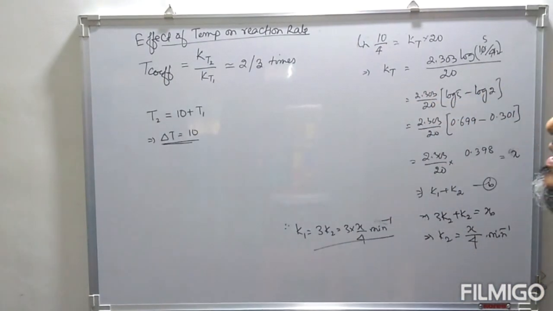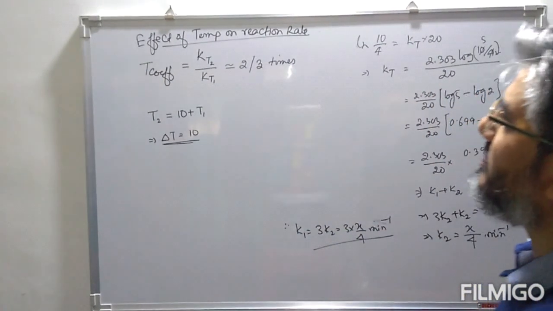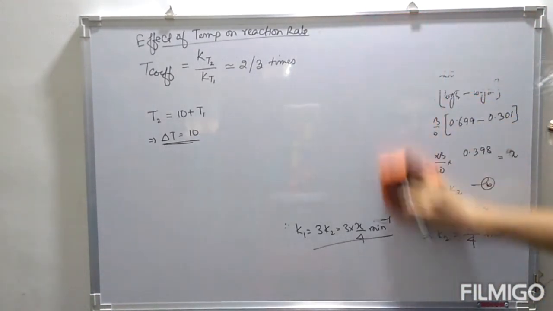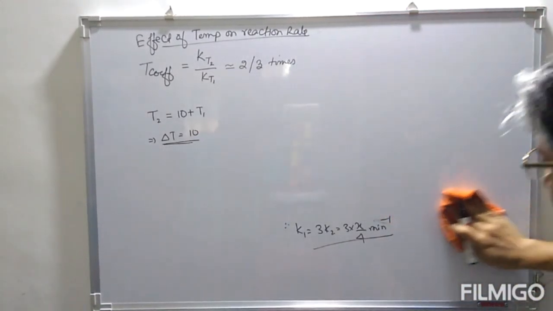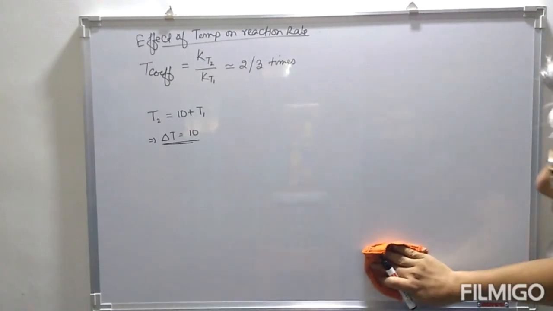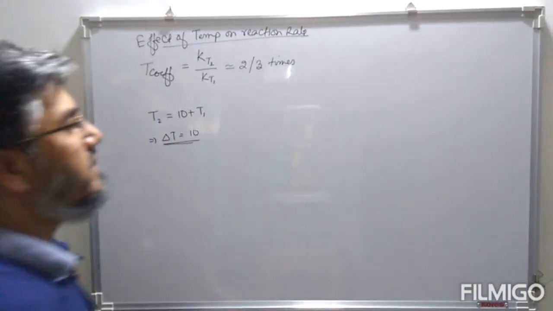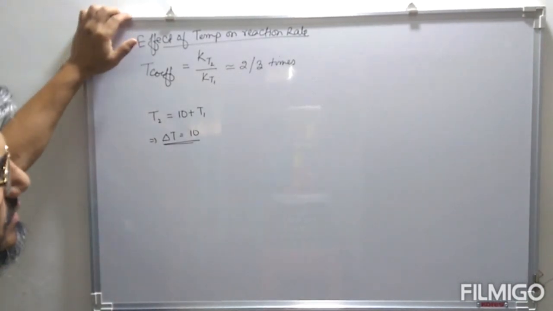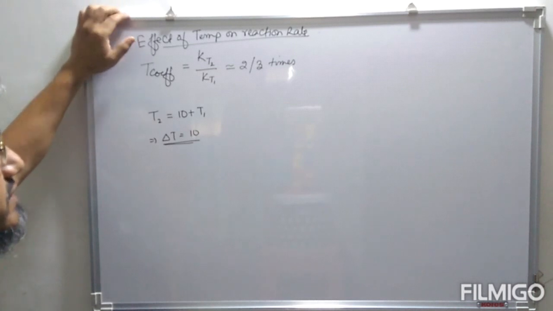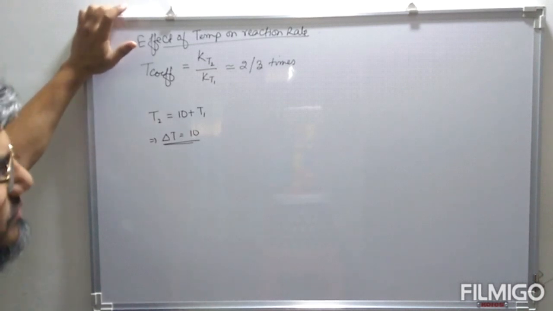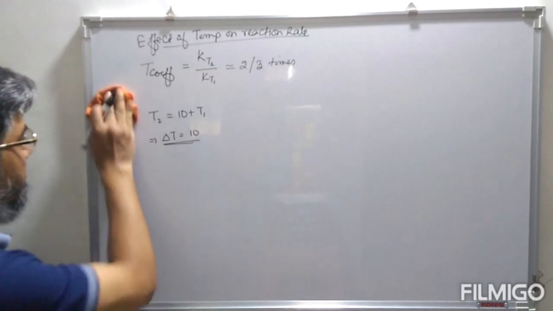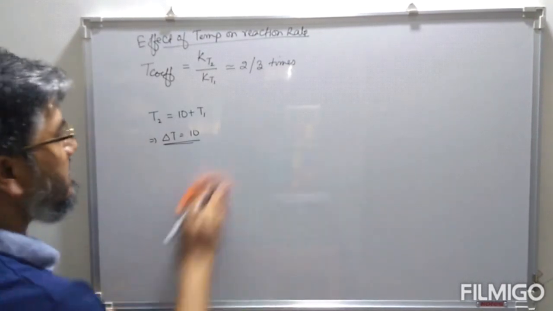Now the question is how to define this effect of temperature on the rate of reaction, or why on increasing temperature the rate of reaction increases. This effect of temperature on the reaction rate was first defined by Van't Hoff, and later on another scientist known as Arrhenius gave the physical explanation for this effect, and from him this is defined by an equation known as the Arrhenius equation.